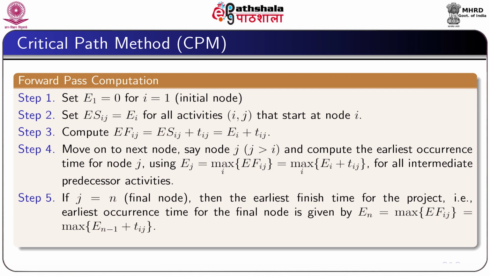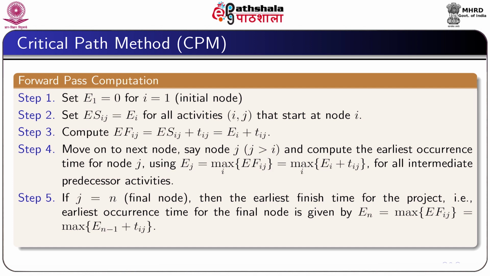and then we set the earliest start time for the activity ij, ESij, equal to the earliest occurrence time of the event i for all activities ij. Then compute EFij, which is equal to ESij plus tij, and which is equal to Ei plus tij.